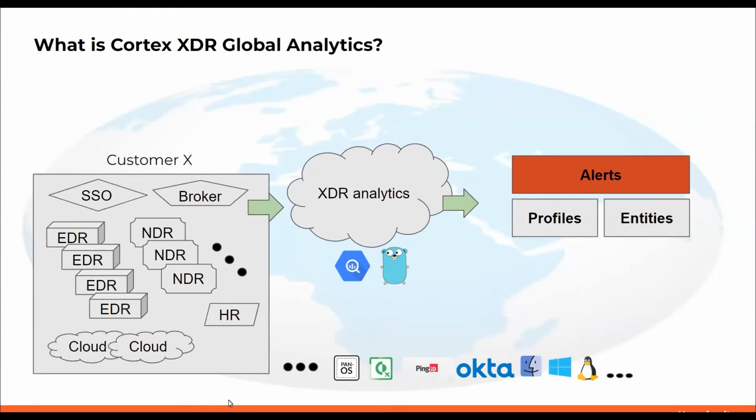What this means is that if previously analytics was able to determine a baseline and detect anomalies in the customer's environment, now with Global Analytics, Cortex XDR is able to determine a baseline and detect anomalies on applications that are used on our customer base.